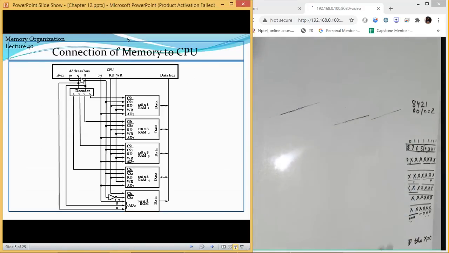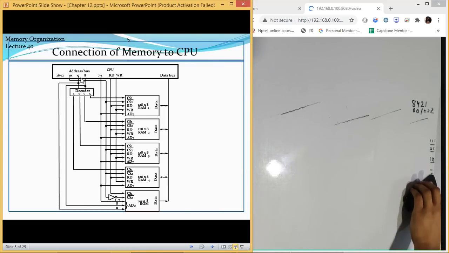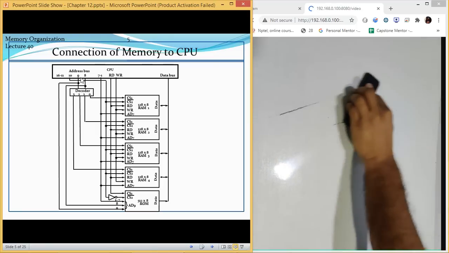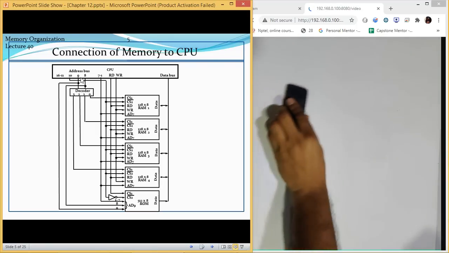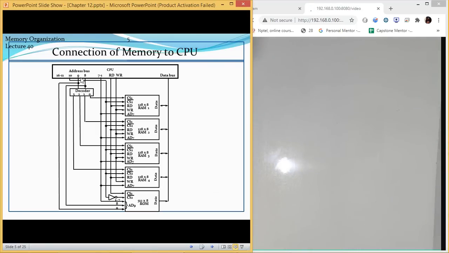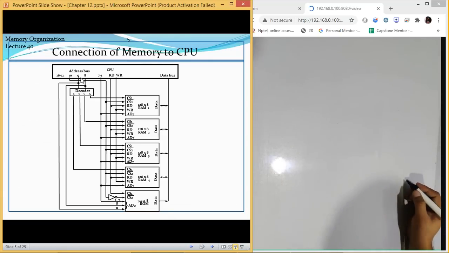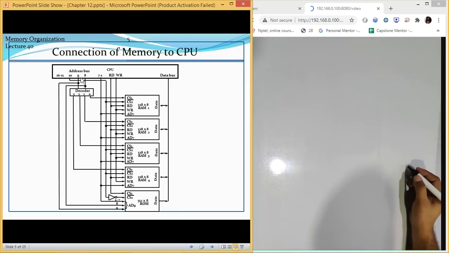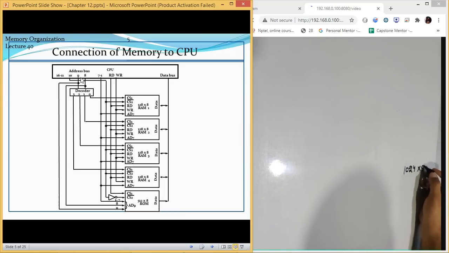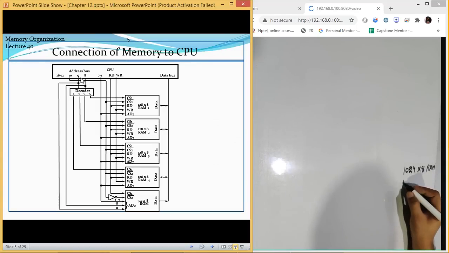I will do a smaller one instead of making it big. Now let us do it in this way. If I want to design a RAM and ROM combination with 1024 into 8 capacity for RAM, and I need 1024 capacity for ROM.